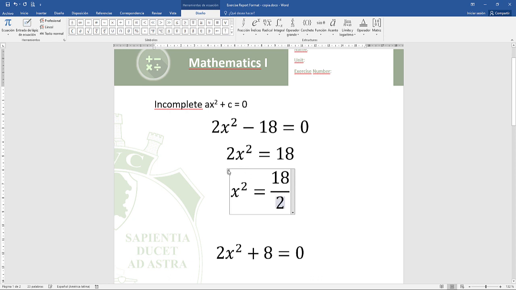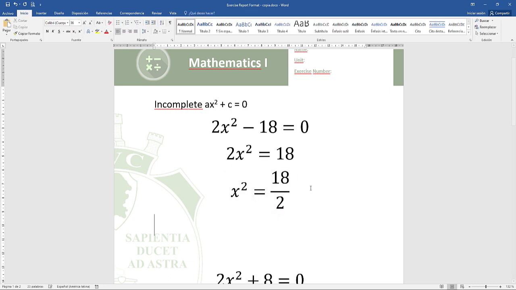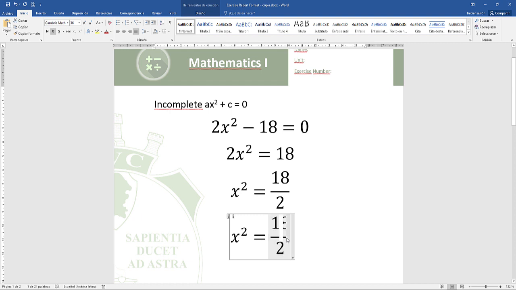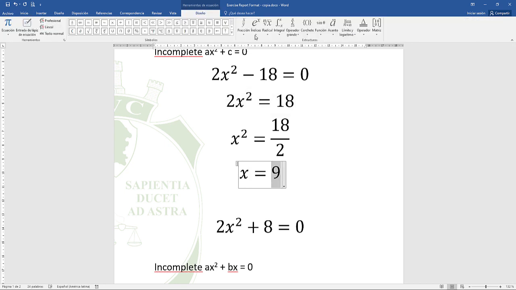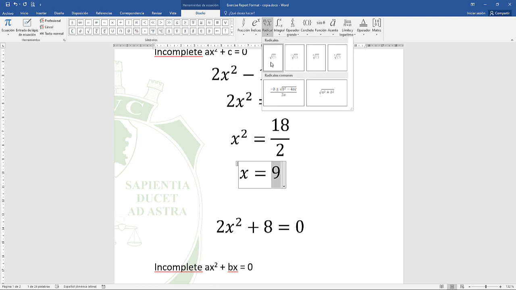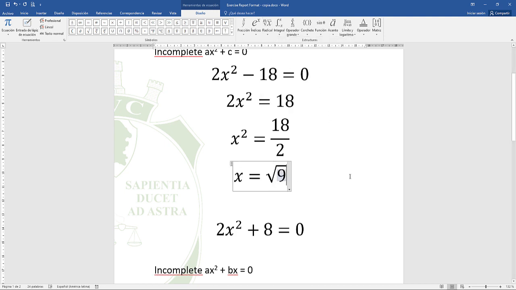So this is 2, and now this is 9. If you have here a square, you can pass it to the other side like a square root. So here x equals plus or minus 3.